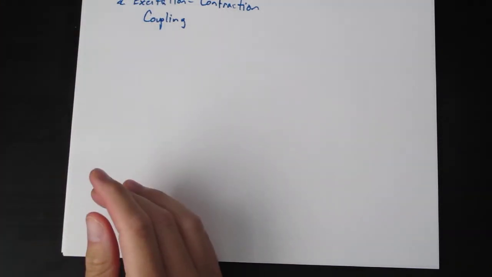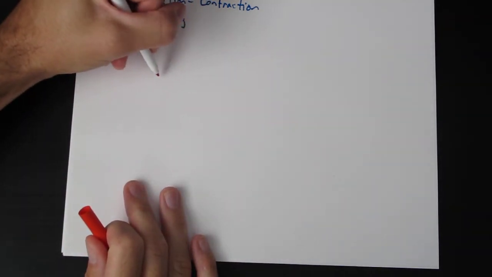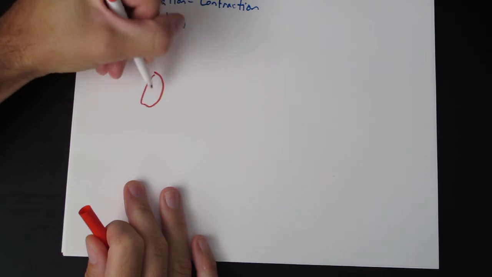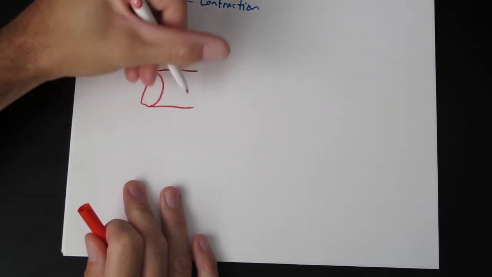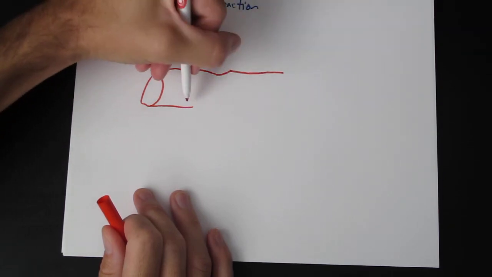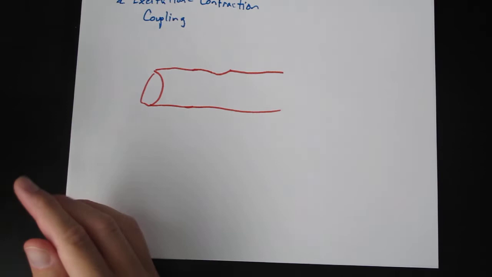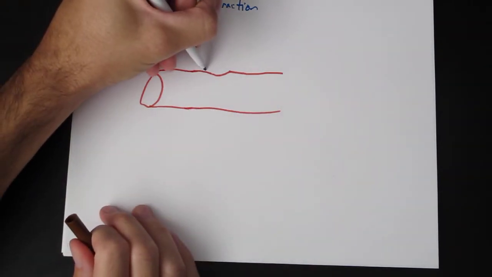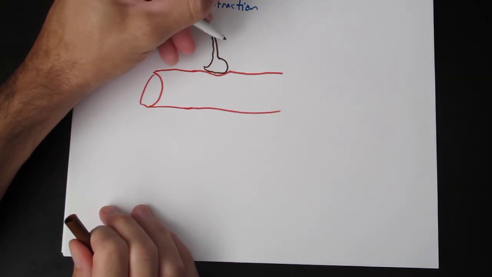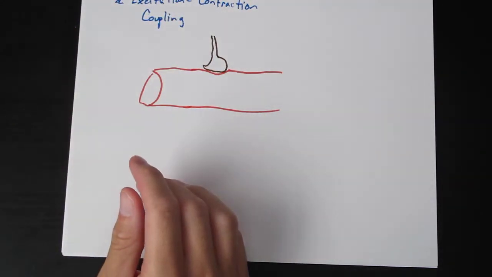So, if we were to draw our muscle cell again, here's our muscle cell that we just depolarized. We're going to draw our motor neuron in here as well. All right, there's our motor neuron. So up here is where we saw the action potential coming down.